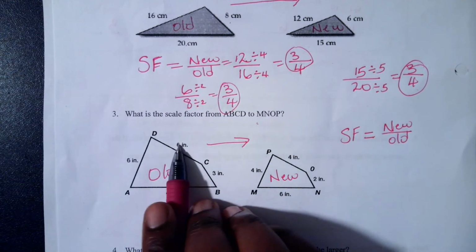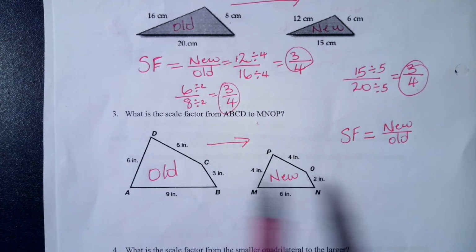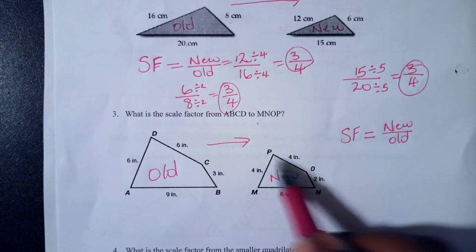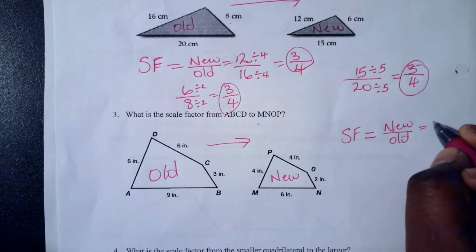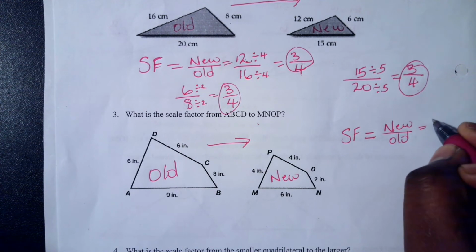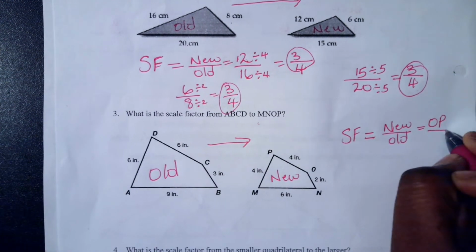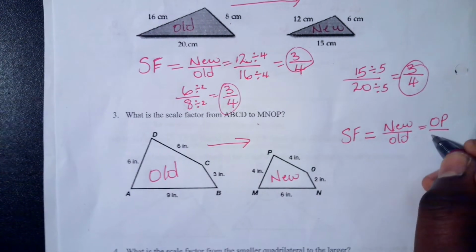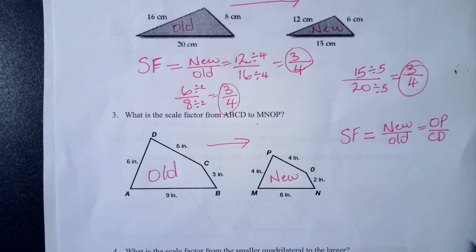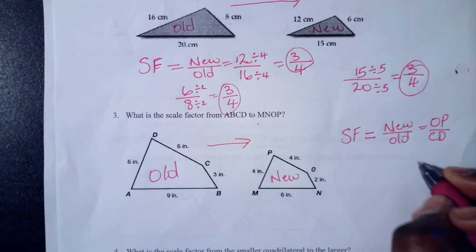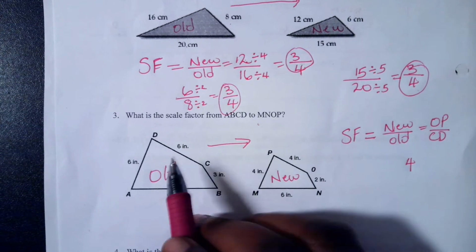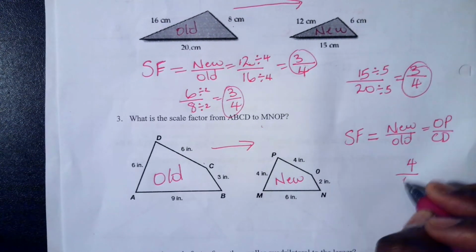I'm going to use these two sides, DC and PO. So OP would be over CD. What is OP? OP is 4, CD is 6.